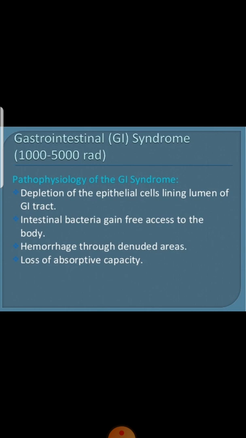The radiation doses for the gastrointestinal syndrome range from 1000 to 5000 rad, that will result in the GI syndrome, and there will be depletion of the epithelial cell lining the lumen of the GI tract, and due to that the intestinal bacteria will gain free access to the body. There will be hemorrhage and loss of absorptive capacity.